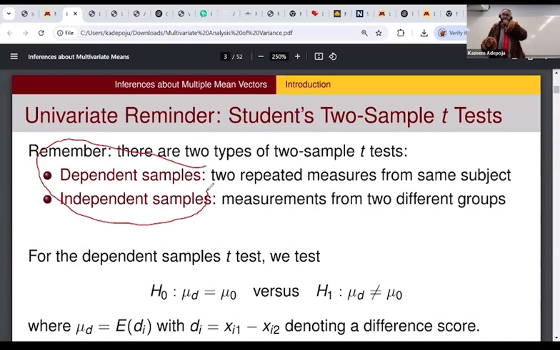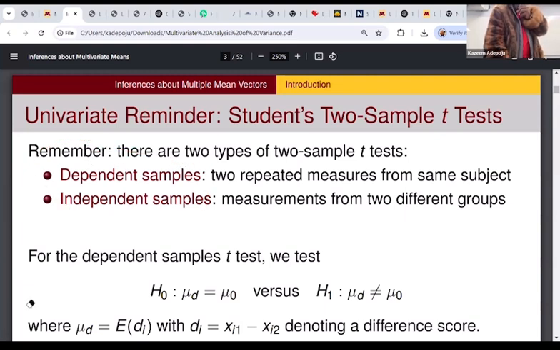For univariate, the reminder is that when we focus on two-sample t-tests, we could focus on dependent samples or independent samples, because this idea is also going to be extended to the multivariate setting. So in the multivariate setting, we're also going to have dependent samples or independent samples.